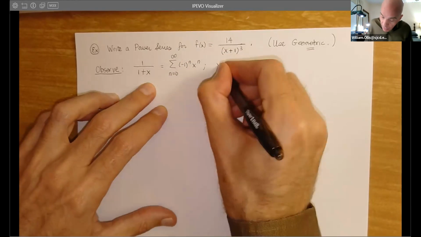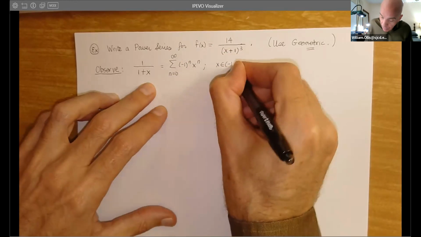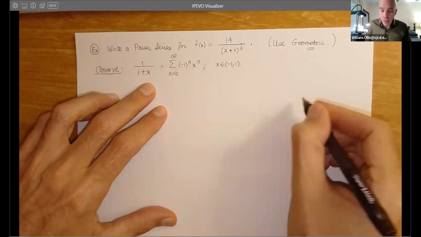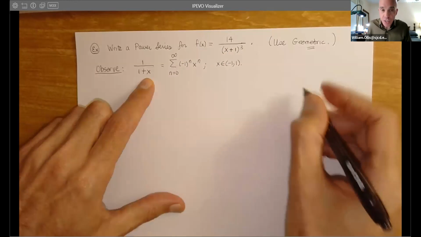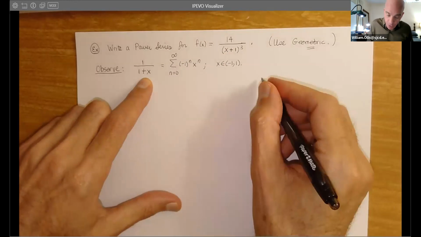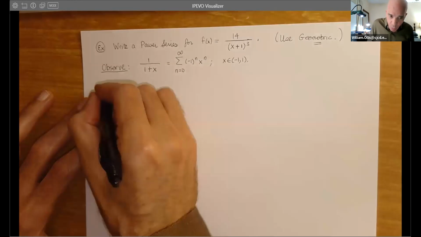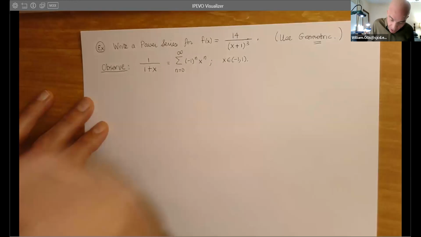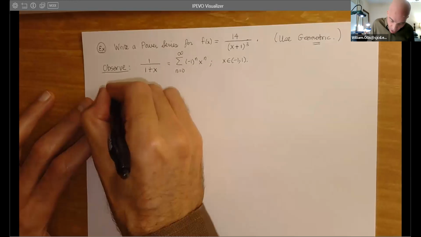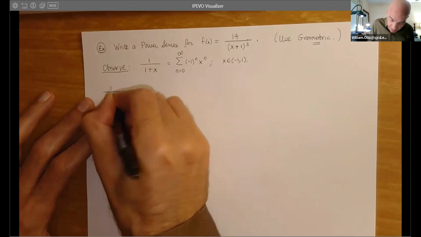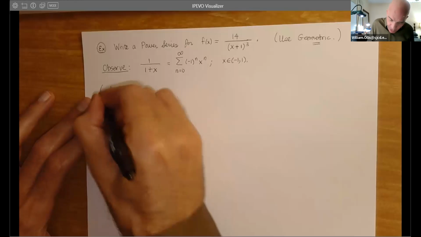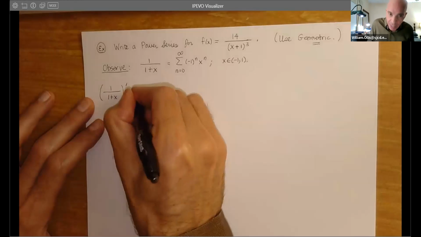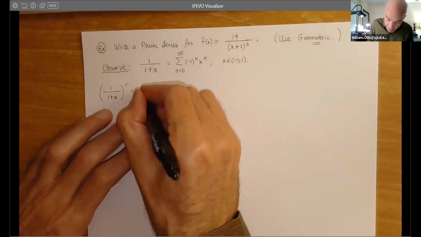And we know that this works here. So let's just go ahead and work with this. First, let's write it this way. We're going to start out with 1 over 1 plus x, and we're going to differentiate it, but we're going to be lazy. We're going to write it with the negative power.